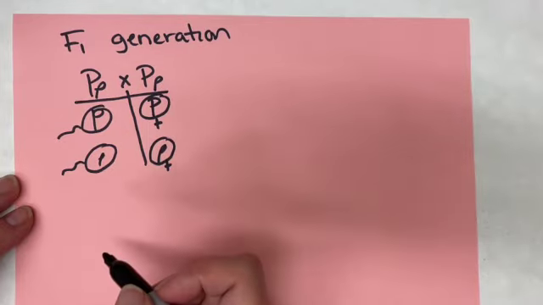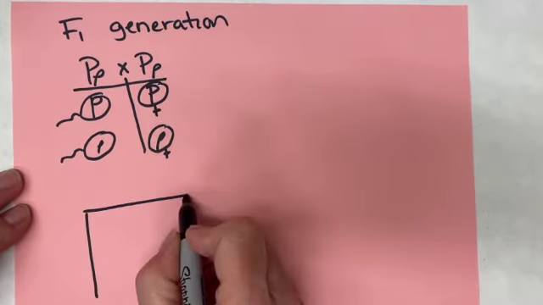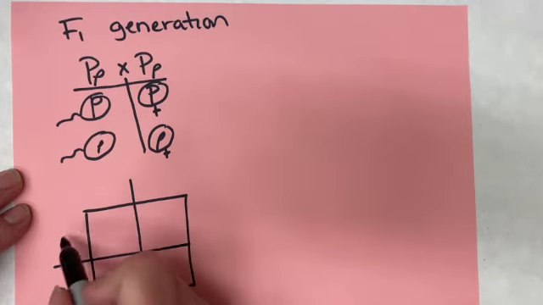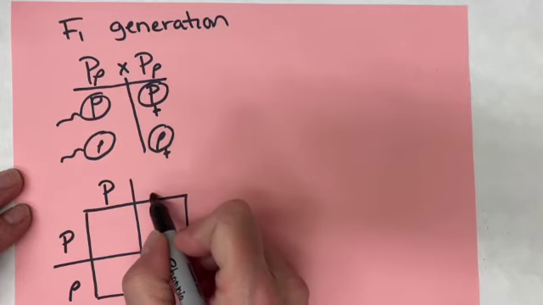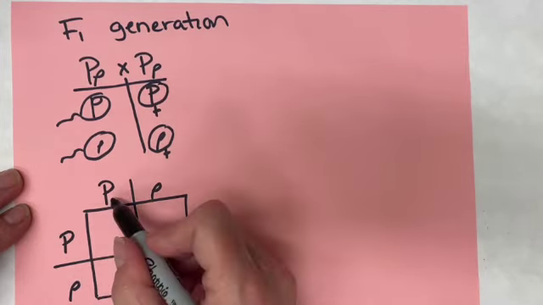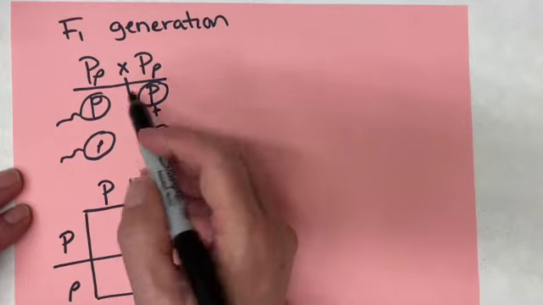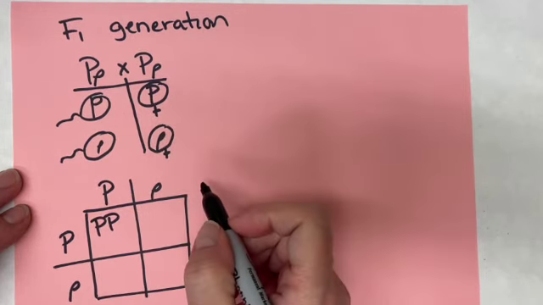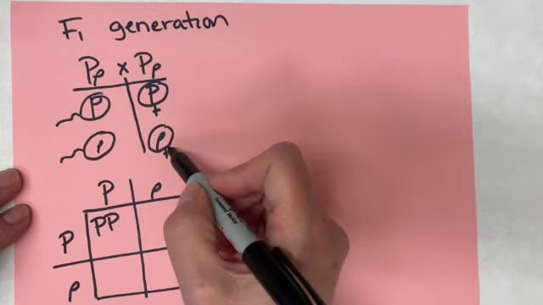So when we put this into a Punnett square, and remember that Punnett squares are our predictions about what should happen in the next generation, we put the sperm over here and the eggs over here, and we just fill in what would happen if this sperm met with this egg, what would happen if this sperm met with this egg. And that would be homozygous dominant. If this sperm met with this egg, it would look like that.